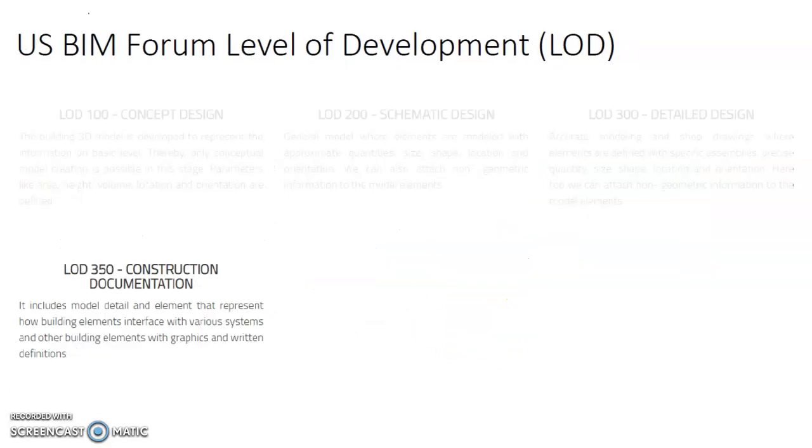So a model at this level of LOD 350 is typically for construction documentation, where it includes model detail and elements that represent how the building elements interface with the various systems and other building elements, with graphics and written definitions. So that is LOD 350.